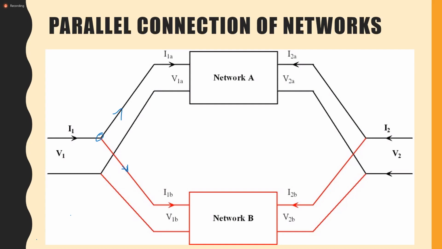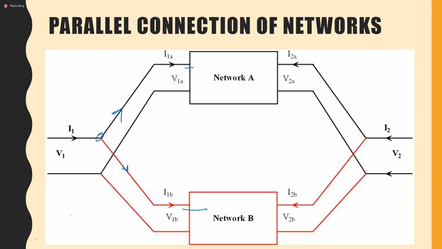So the current here is entering the upper terminal of network A, and it is entering the upper terminal of network B. So we have two things that are satisfied where the currents are concerned. One, it satisfies the convention that we had established for two-port networks. And two, it satisfies the criteria for them being in parallel.